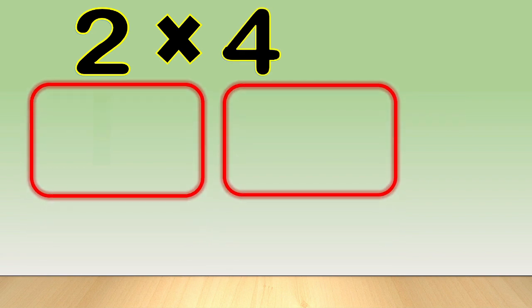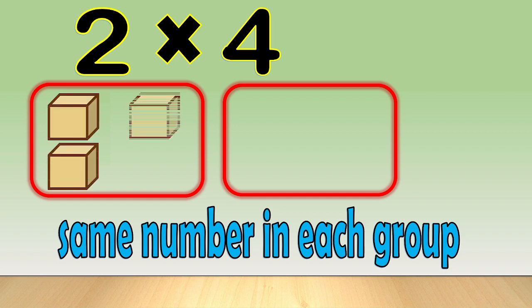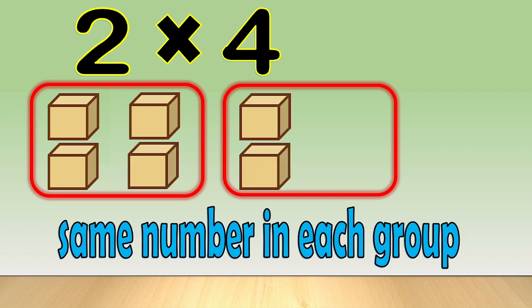There has to be the same number in each group. 1, 2, 3, 4. Now, we have made 2 groups of 4 boxes in each group.